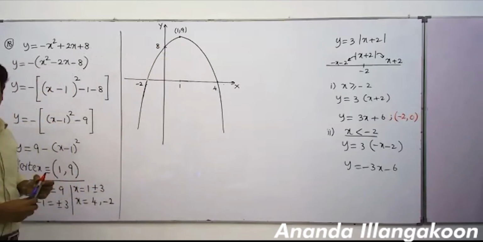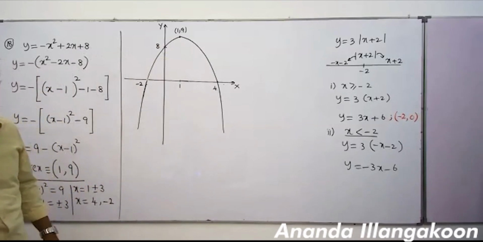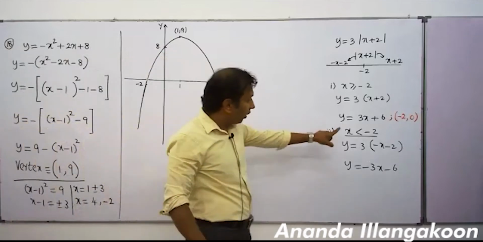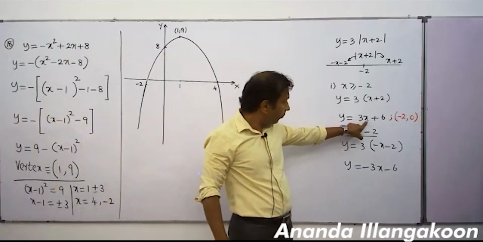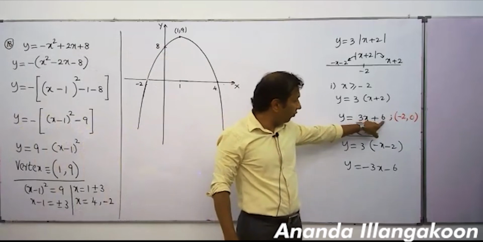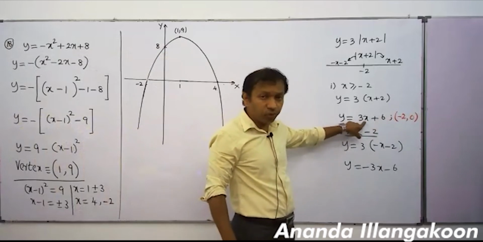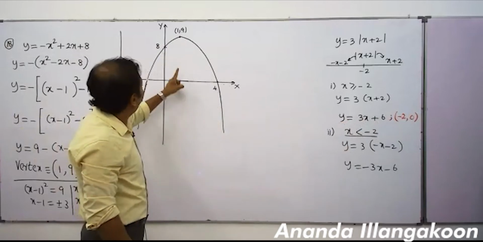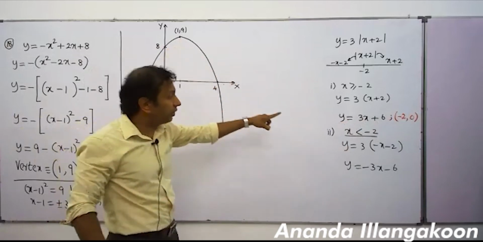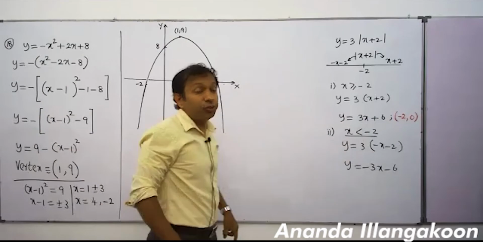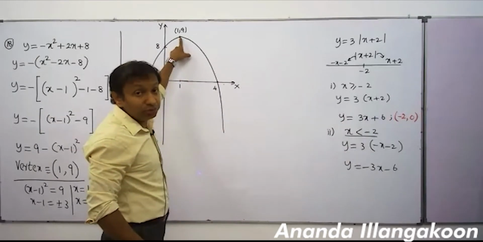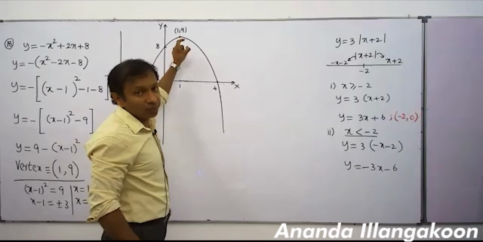But people, another important point we have. When I put x equals 1 here, 3 into 1 is 3, 3 plus 6 is 9. When x equals 1, y is 9. x equals 1 is here, y 9 is here. That means this line is passing through this point also. If you miss that point, our graph is wrong.